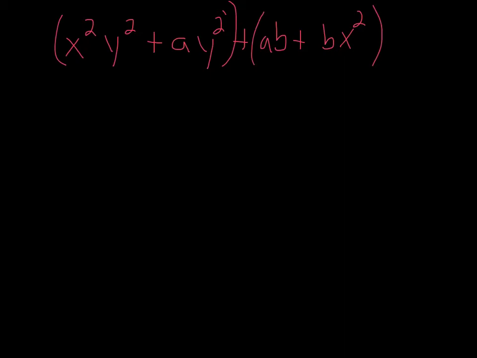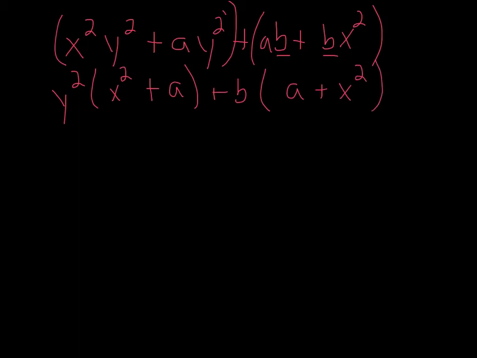What do we have in common from the first two? We have y squared in common, so we're left with x squared plus a. Then in the second one, we have a b in common, right? So we're going to do plus b, and then we have a plus x squared. Well, they're not exactly alike, but they are alike, because we have the commutative property.